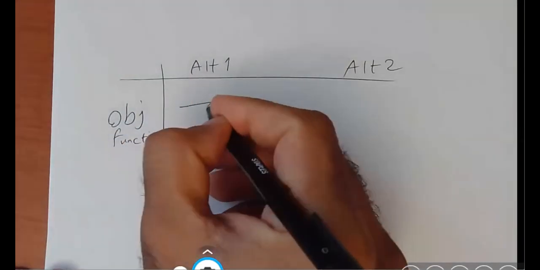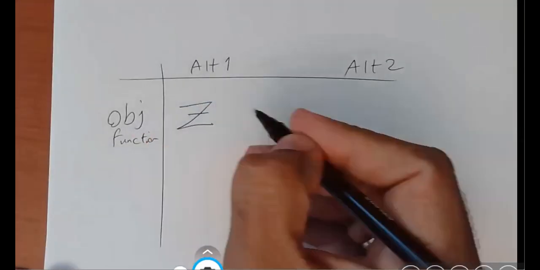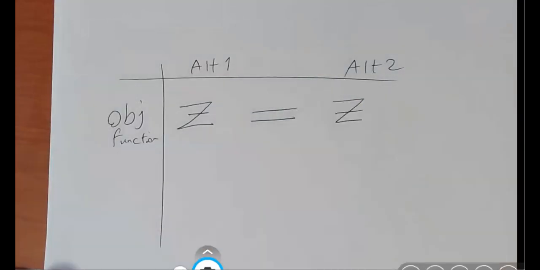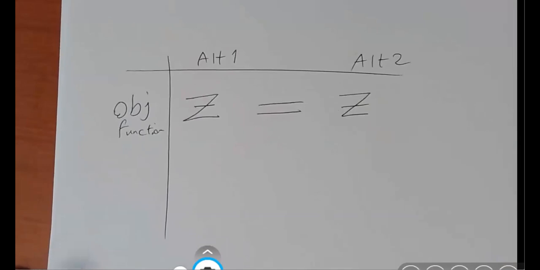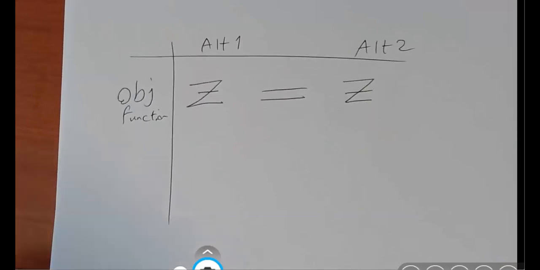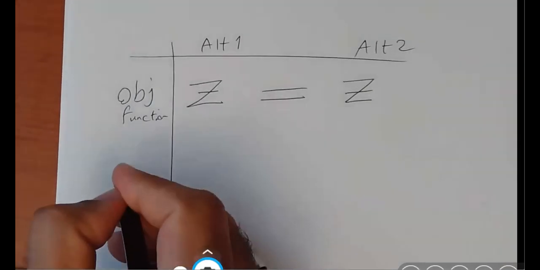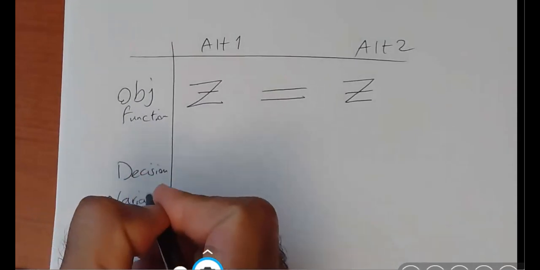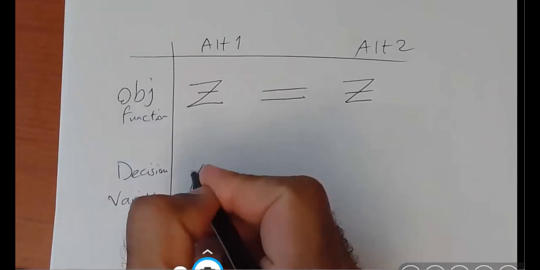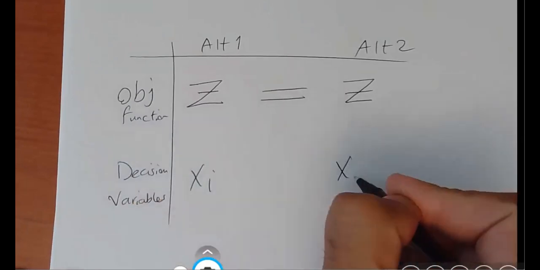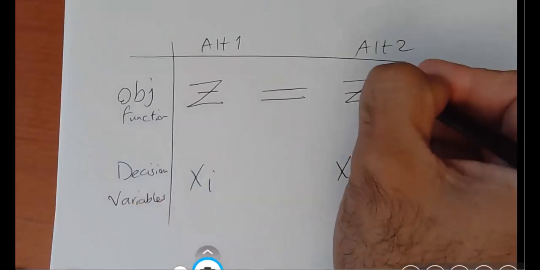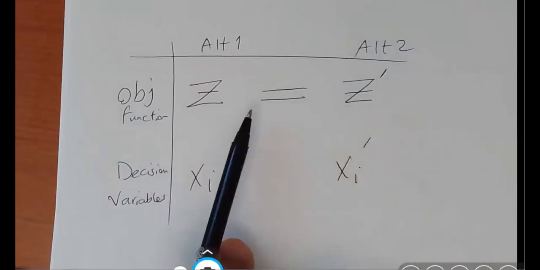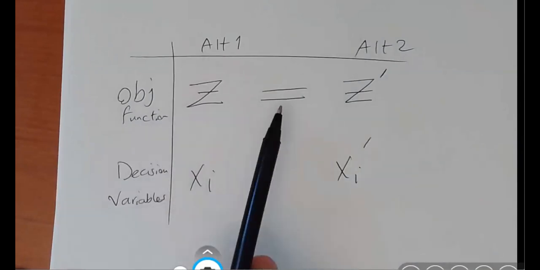So let's say z and z prime, they should be exactly the same.